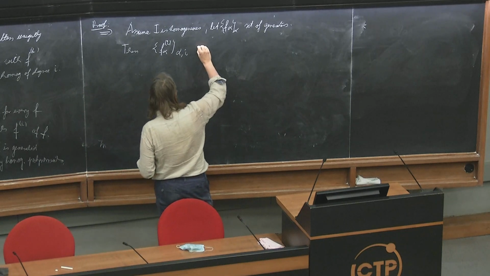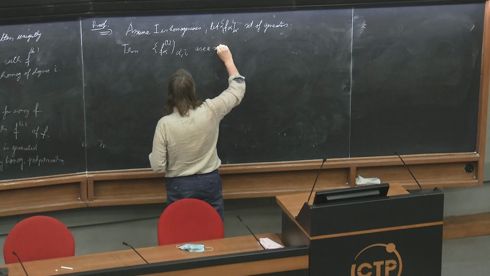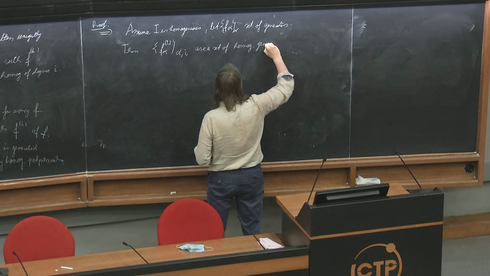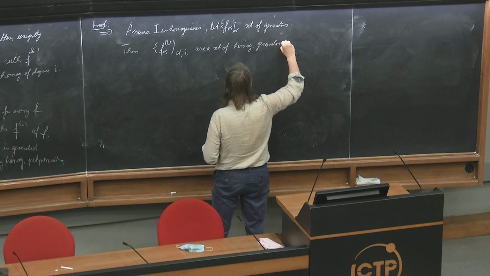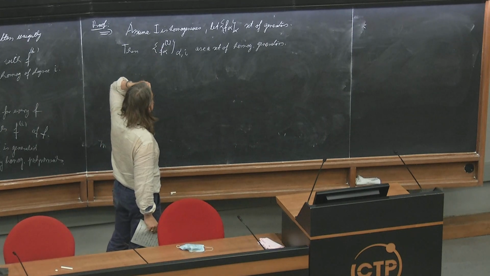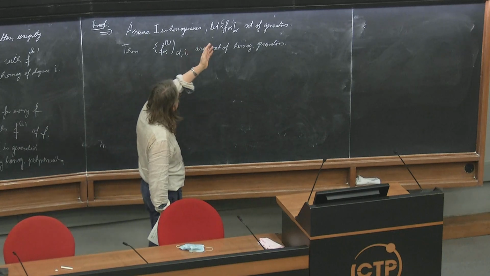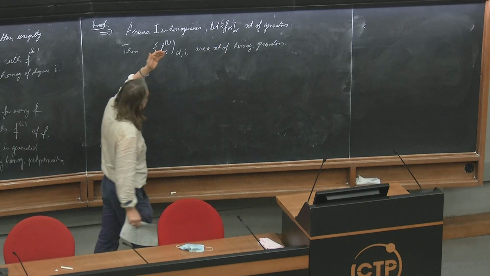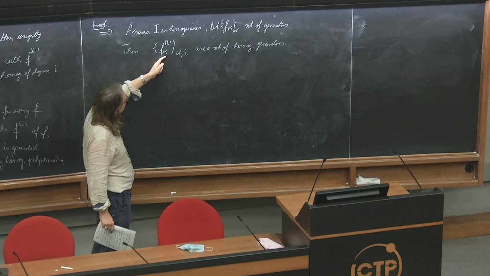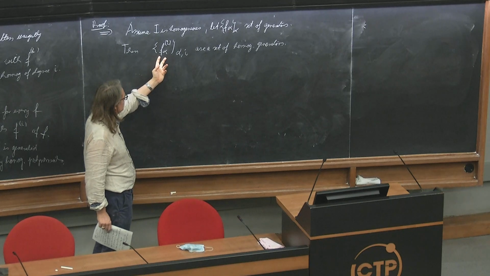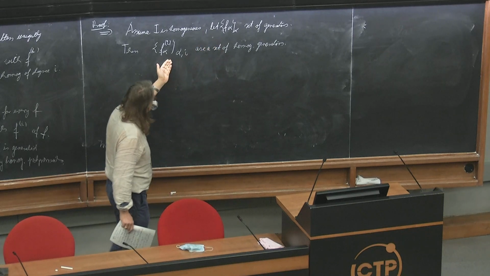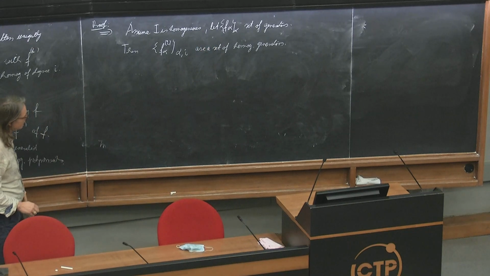These are a set of homogeneous generators. They are obviously homogeneous because I've taken the homogeneous components, and I know that if the ideal contains any polynomial, it contains the homogeneous components, so the ideal will contain these. And obviously, if you take the sum over all i, you get f alpha, so these also generate. So this is one direction.